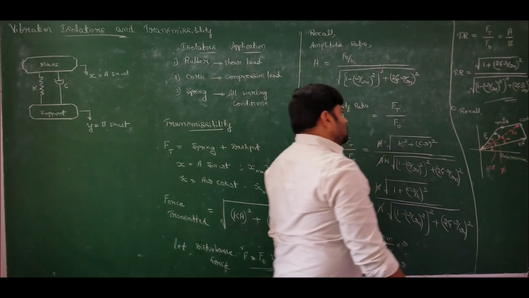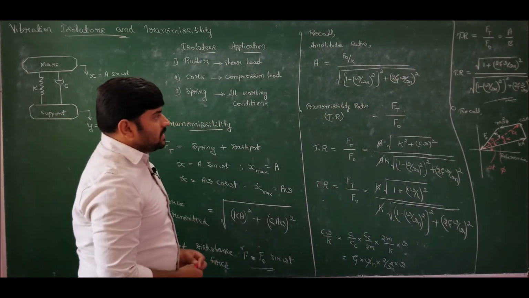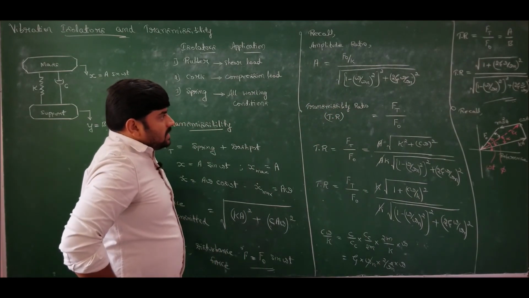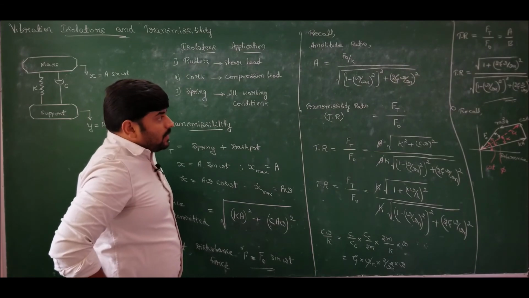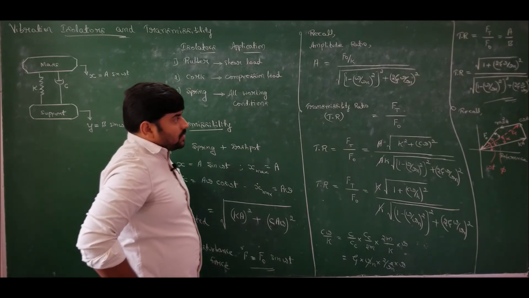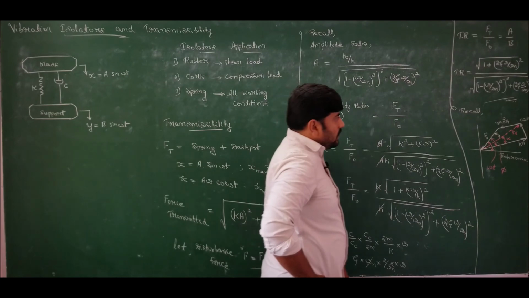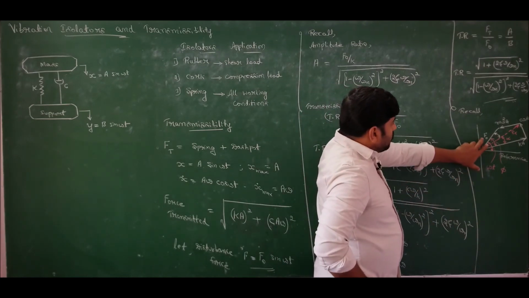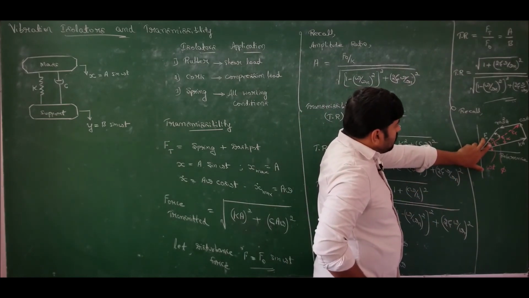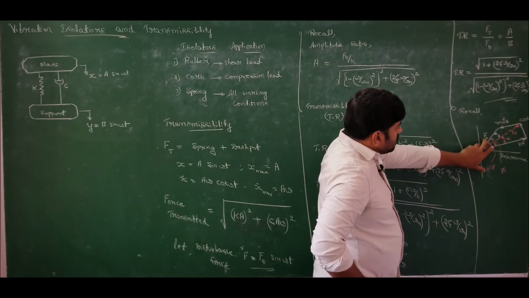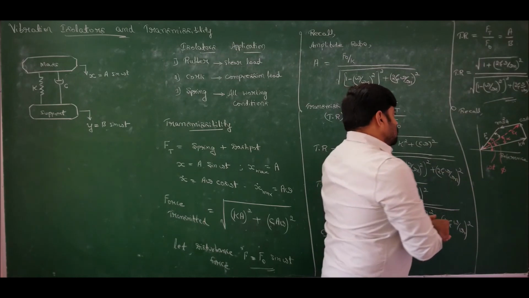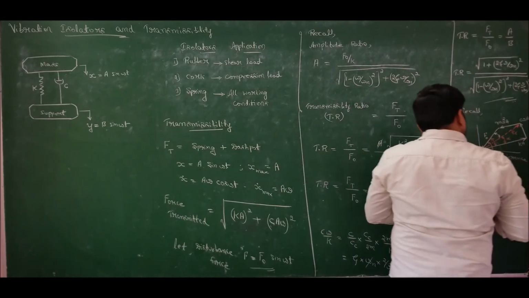What is the angle between F0 and Ft? The angle between F0 and Ft is nothing but this angle, which is already known to us, that is phi. So this angle is how much? Phi minus alpha, correct?